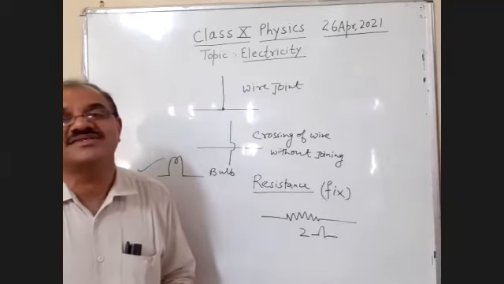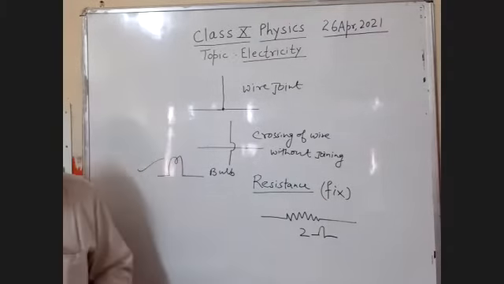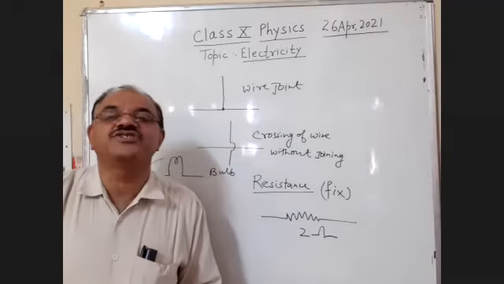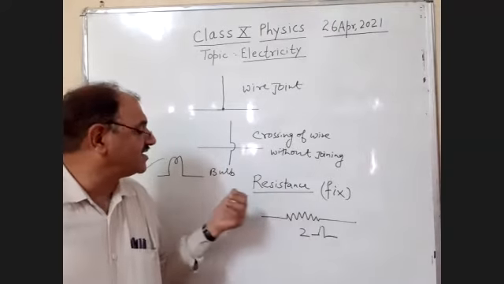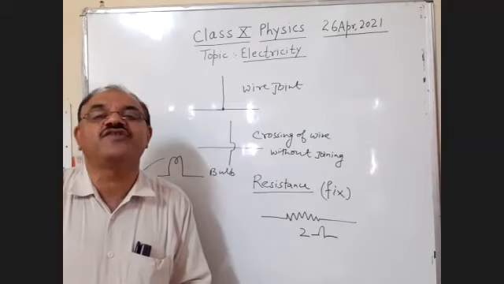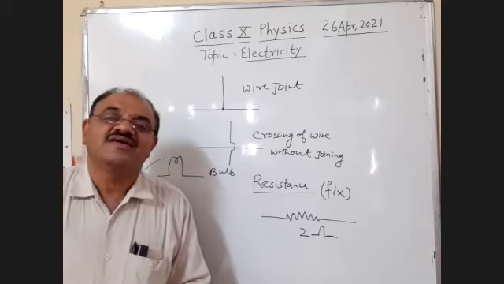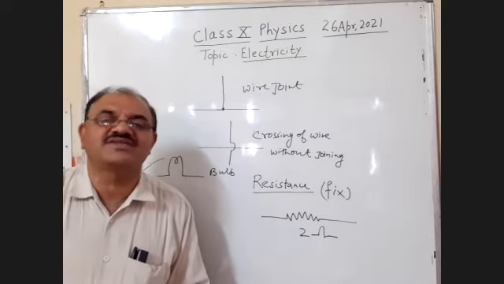This resistance is fixed. Actually, what is resistance? Resistance means to oppose the flow of current. It is the component or device which opposes the flow of electric current. That is called resistance.